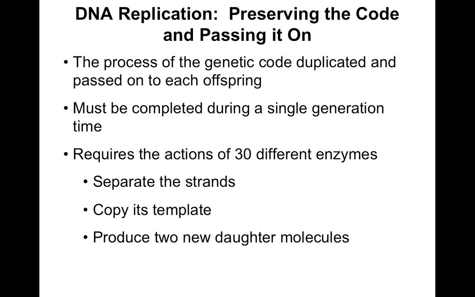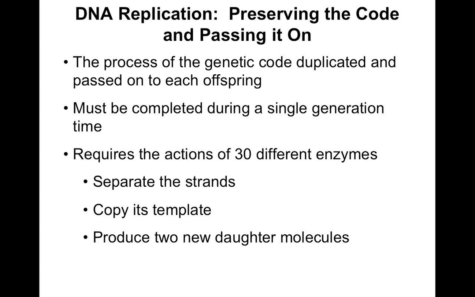This requires the action of 30 different enzymes, which I'm not going to expect you to know all of. There's just a handful that are important for what we're talking about. And the basic concept is to separate the strands. So you have double-stranded DNA. You need to separate them into the two components, the 5' to 3' sense strand and the 3' to 5' antisense strand.